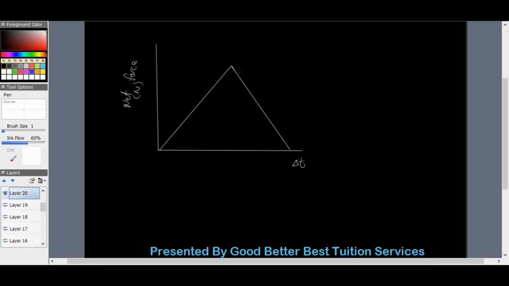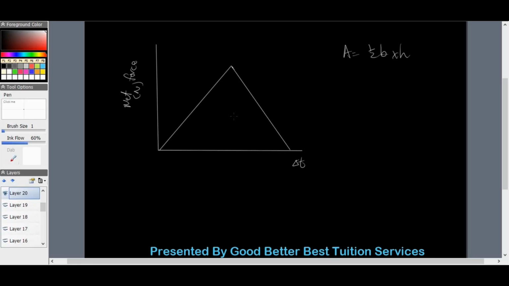But now, what happens if we get given a graph in our question? We know that this is clearly a triangle, so we know the area of a triangle is equal to half base times height. We clearly have some area underneath here.